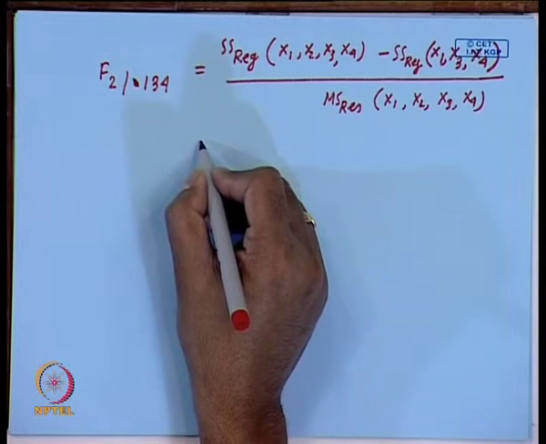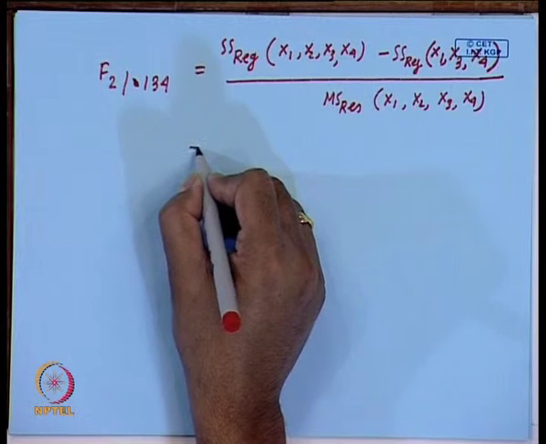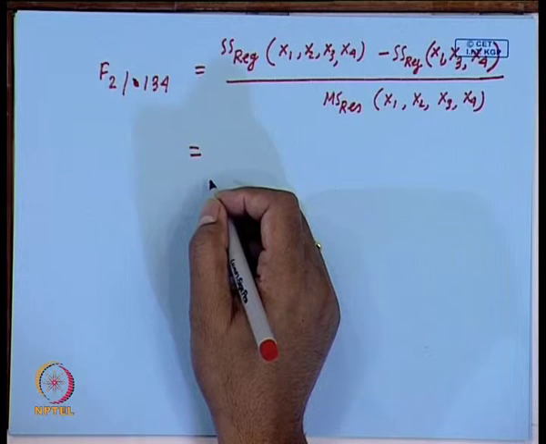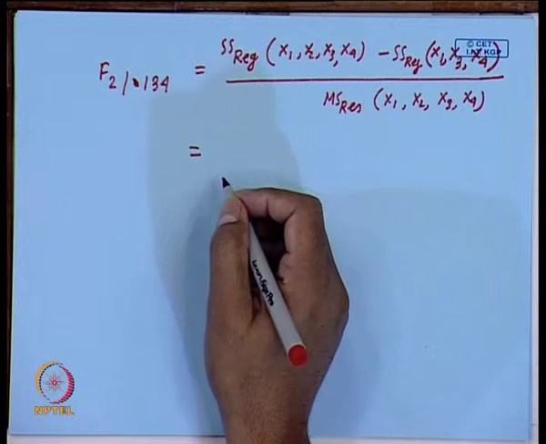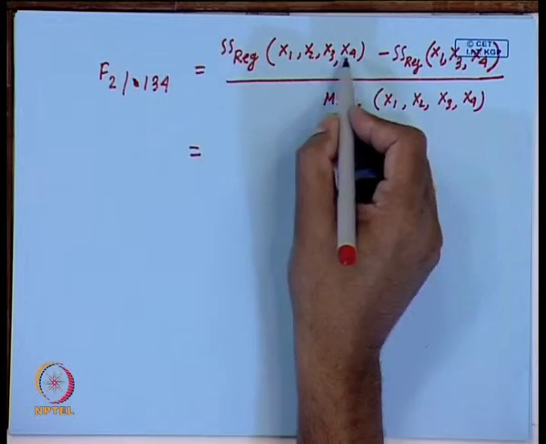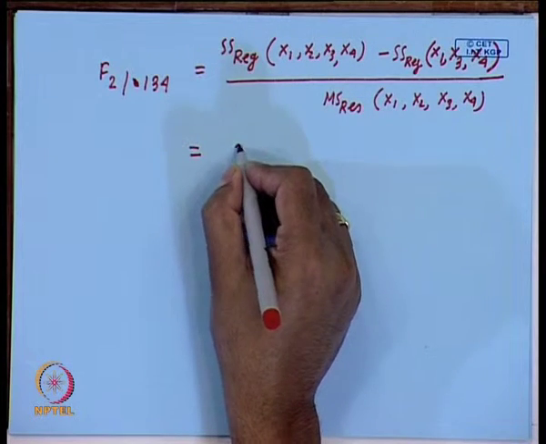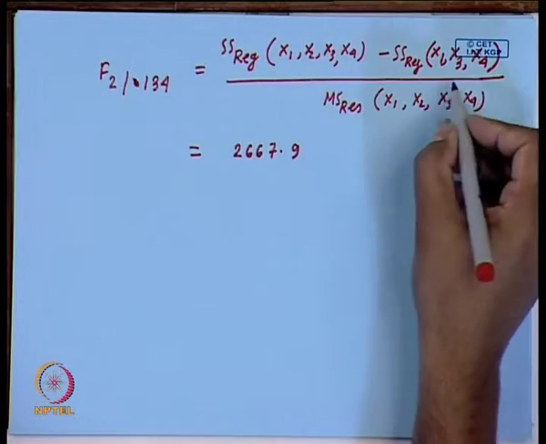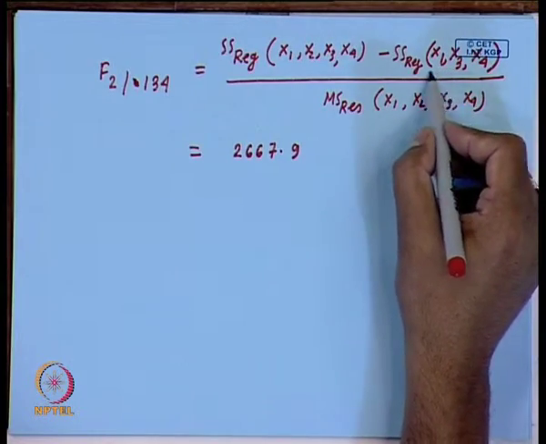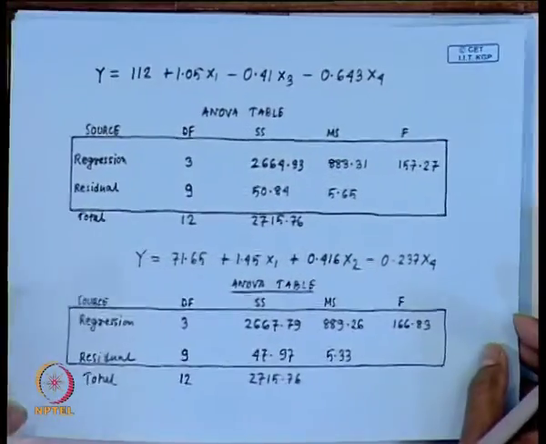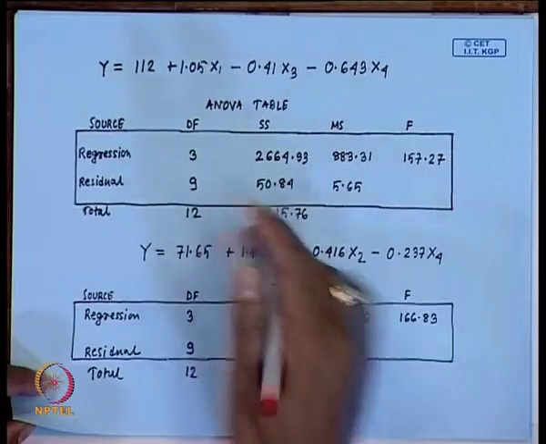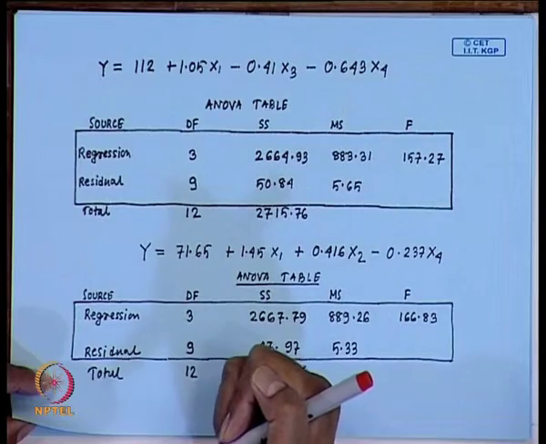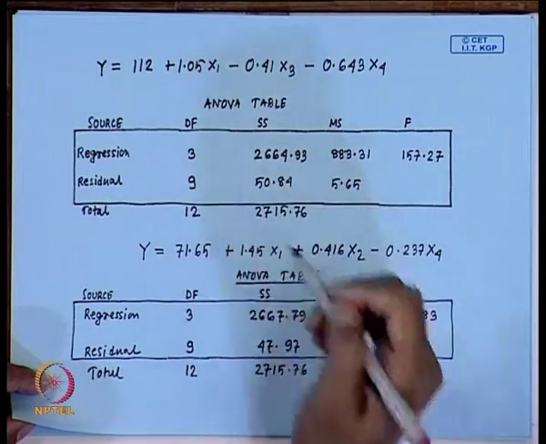Okay. Well, so let me check whether I have the ANOVA table for this one. Yes, I have. Okay, we know that this SS regression is 2667.9. Now, I need a model involving x1, x3, x4. So, here is the fitted model y equal to x1, x3, x4 and the ANOVA table here.